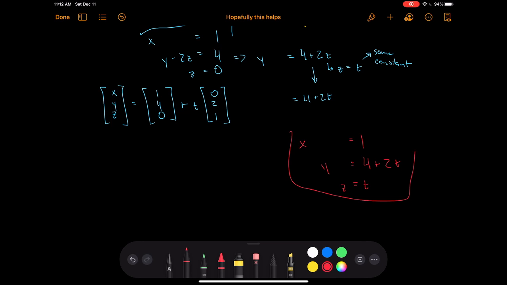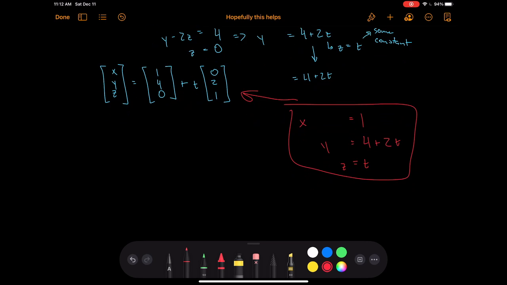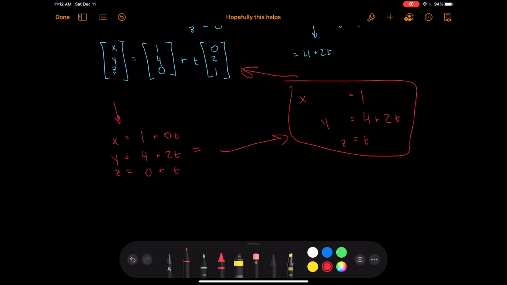This part here is the same as this, because if we did the quick little algebra, we will get 1, 4, 0, and then plus t times this column vector here. So t times 0 is 0t, and then t times 2 is 2t, and then t times 1 is t. And so that just simplifies to what we wrote here.